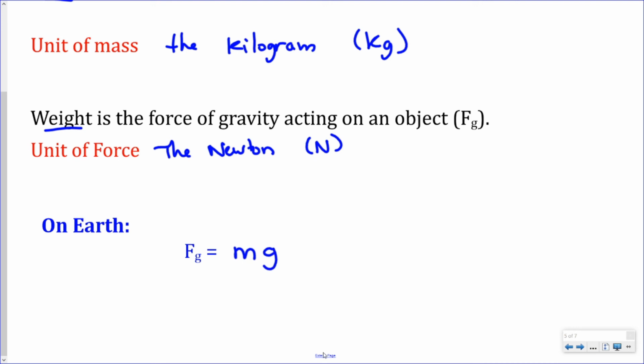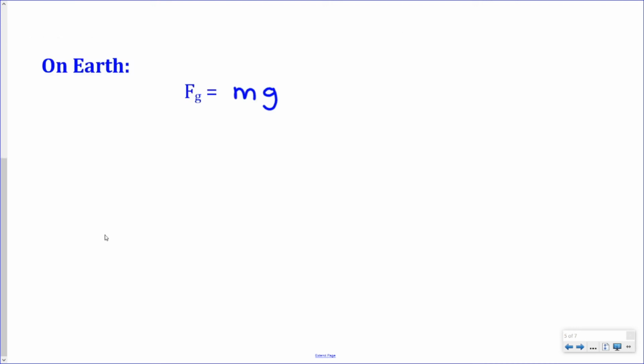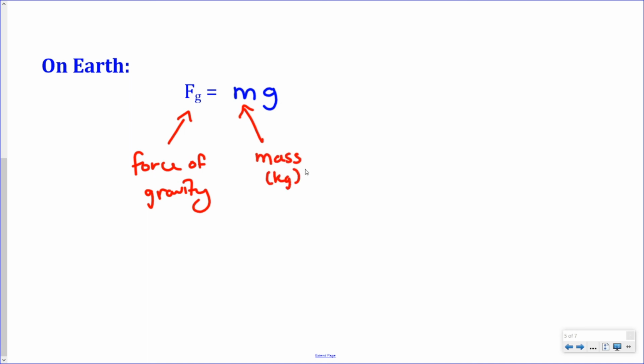What do these three things mean? Well, we've already said Fg is the force of gravity. M, hopefully you've guessed it, is mass, measured in kilograms. And g is acceleration due to gravity.